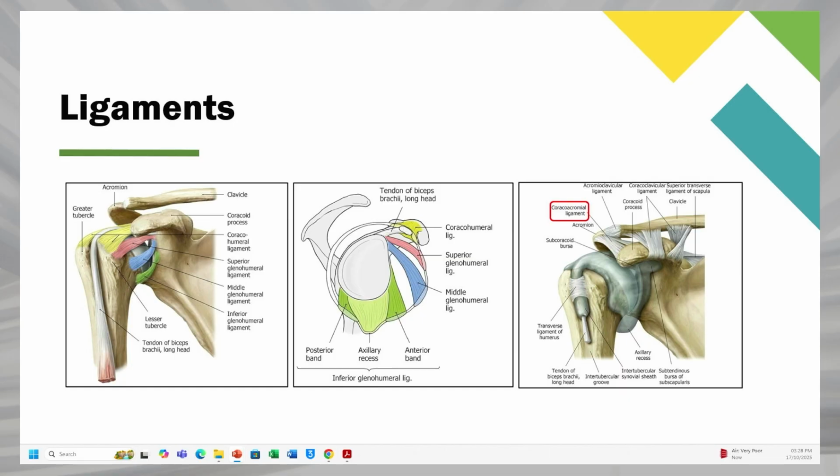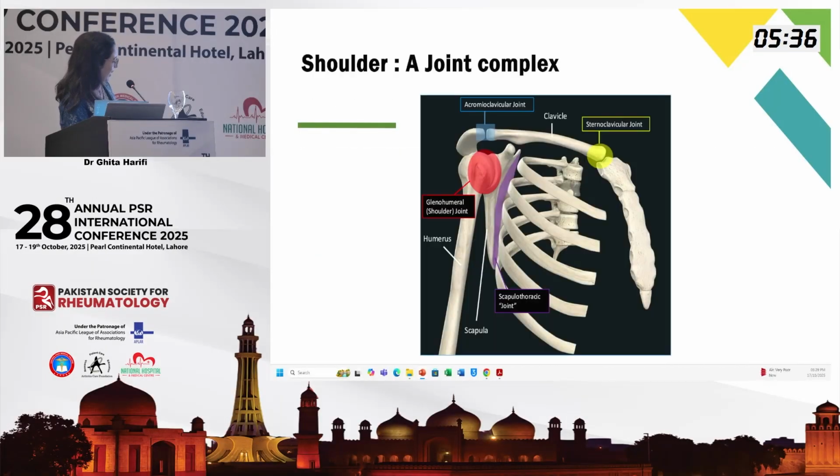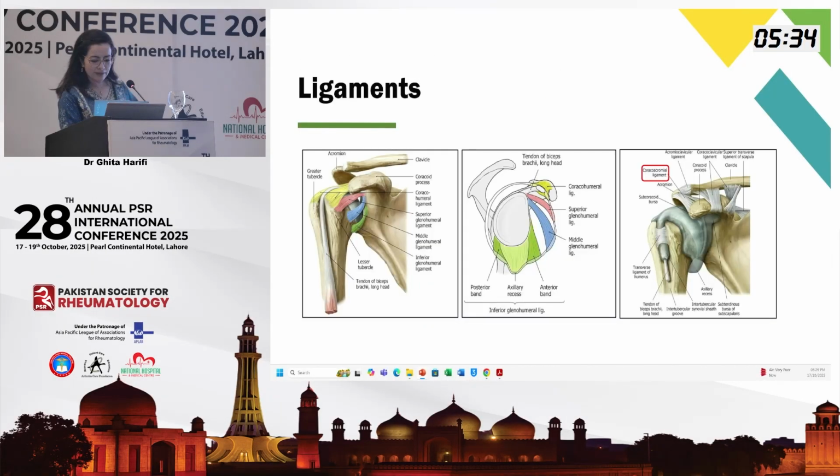So in the basic course, we don't spend much time on ligaments, I must say, and I know that this is supposed to be a basic course, but I like to give a flavor of what it is to see ligaments on ultrasound. Basically, the most important ones are the primary glenohumeral ligaments, with the superior, middle, and inferior bundles.